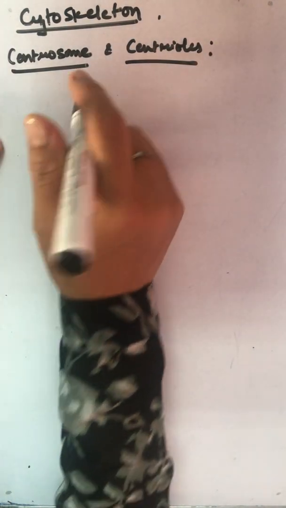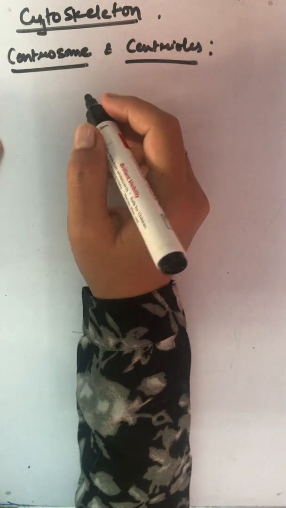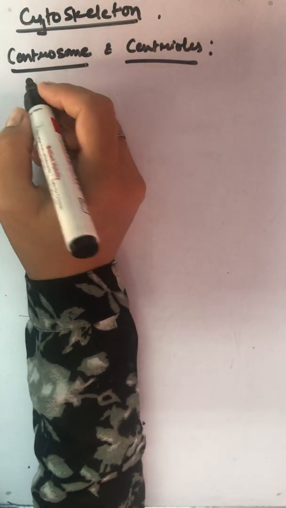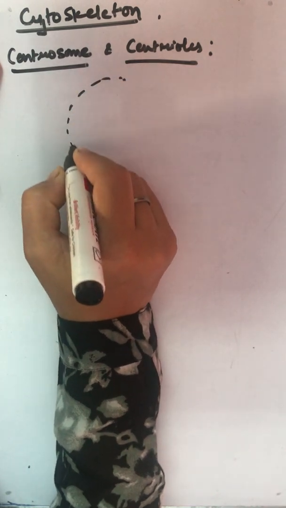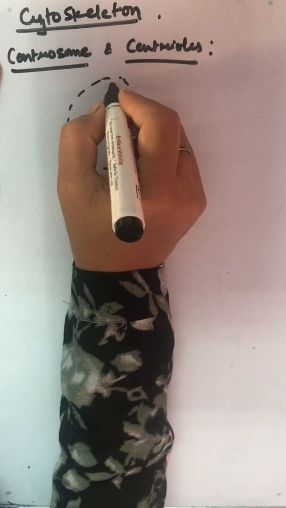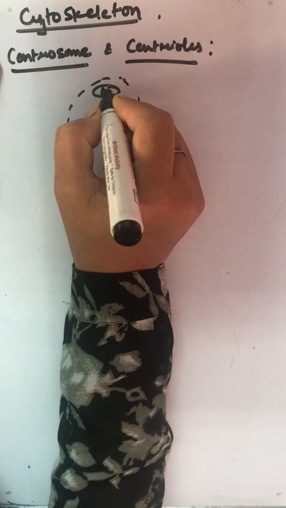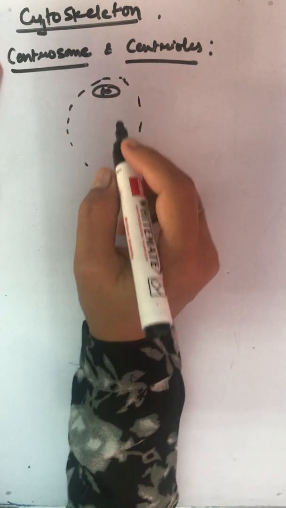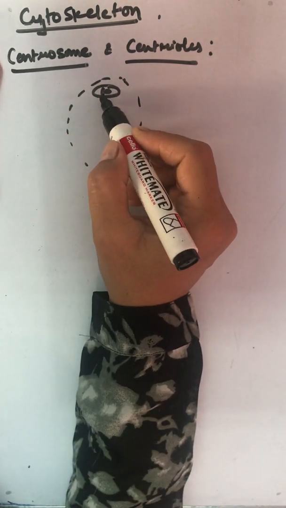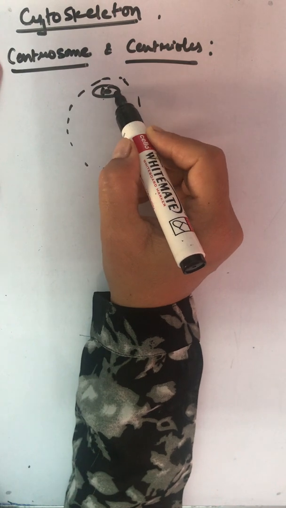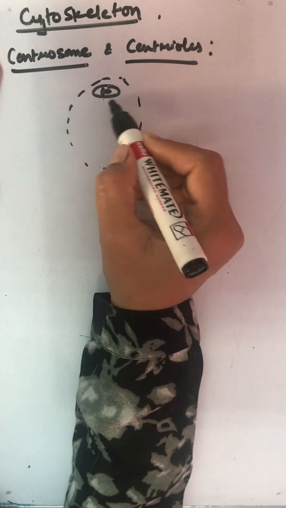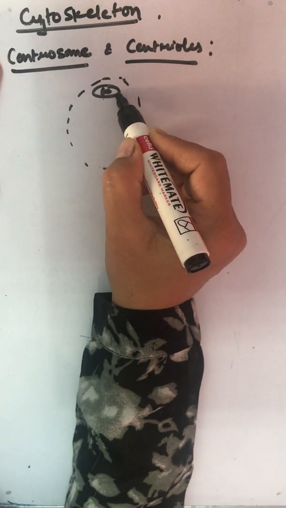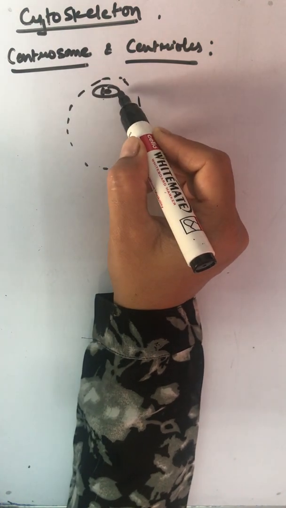It consists of a pair of centrioles at right angles to each other, surrounded by an amorphous pericentriolar cytoplasm called centrosphere or kinoplasm. Basically, in a cell during division, these appear in this manner.